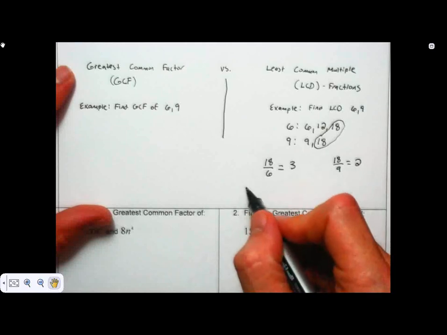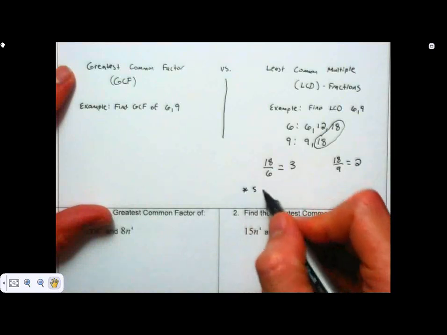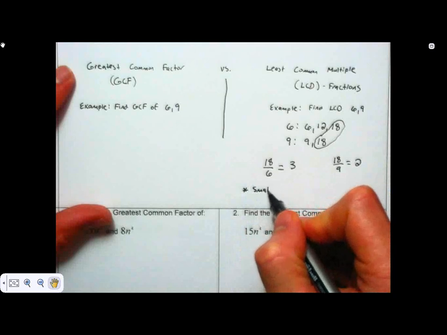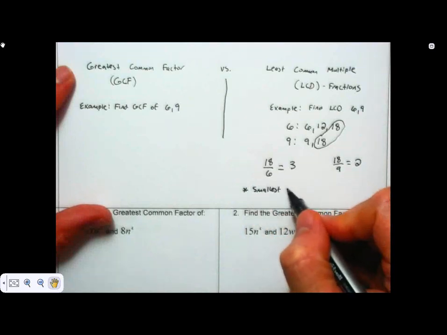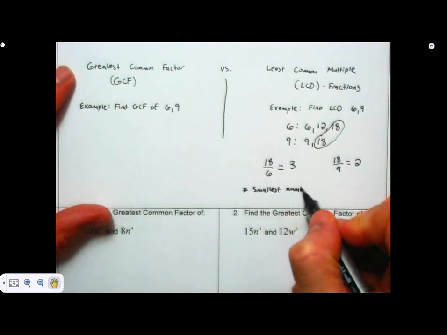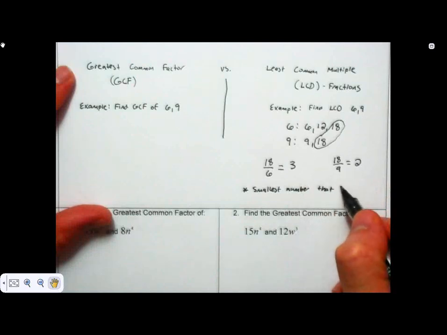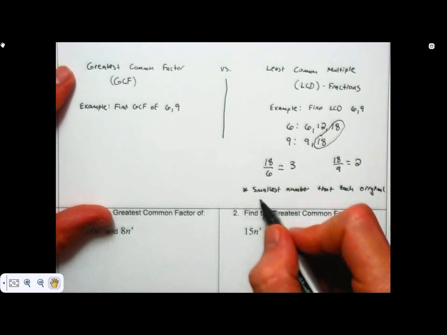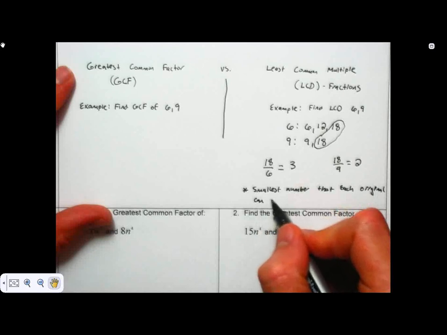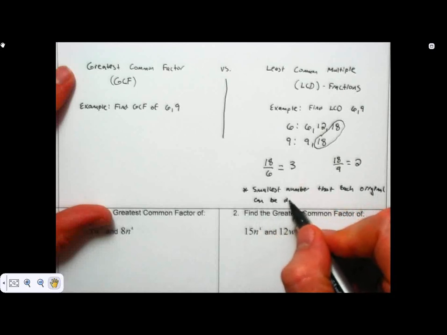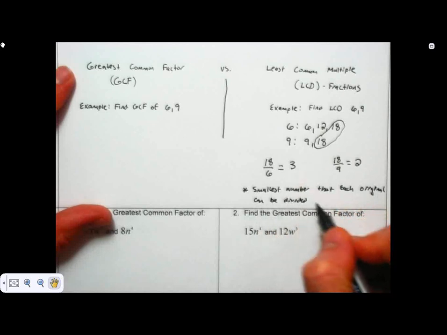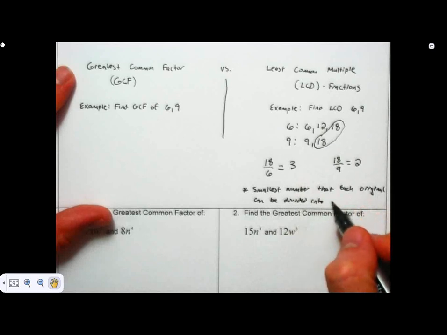So least common denominator is going to be the smallest number that each original can be divided into with no remainder.